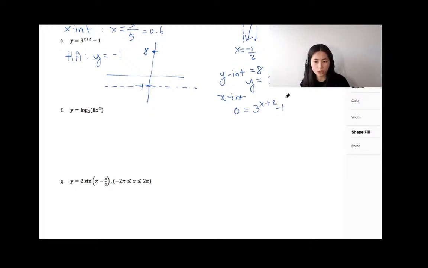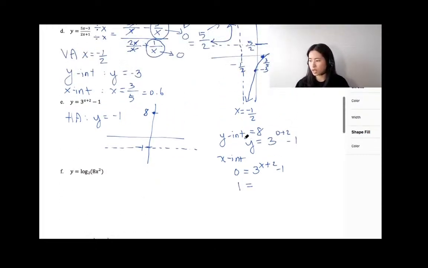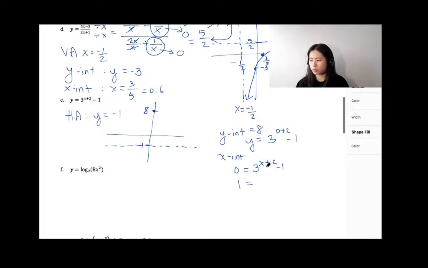You take -1, move it to the opposite side of the equation, or transpose it. This is going to be equal to 1. So you get 3 raised to the power of x plus 2. How do you bring down your exponent? That's where the logarithm comes in.